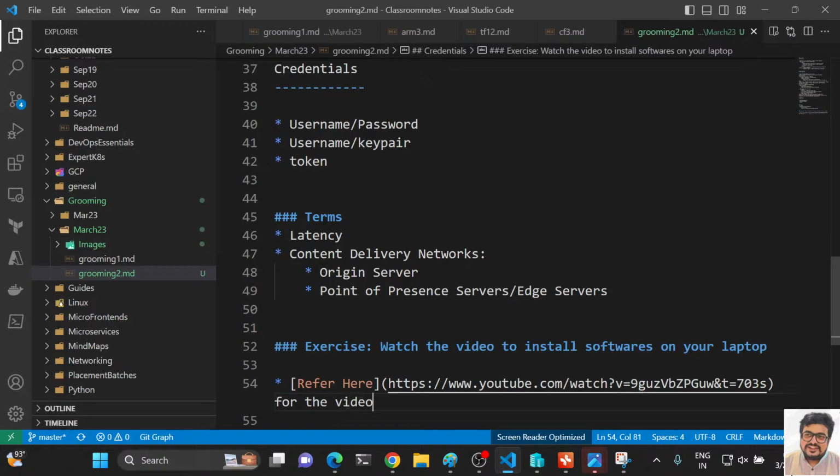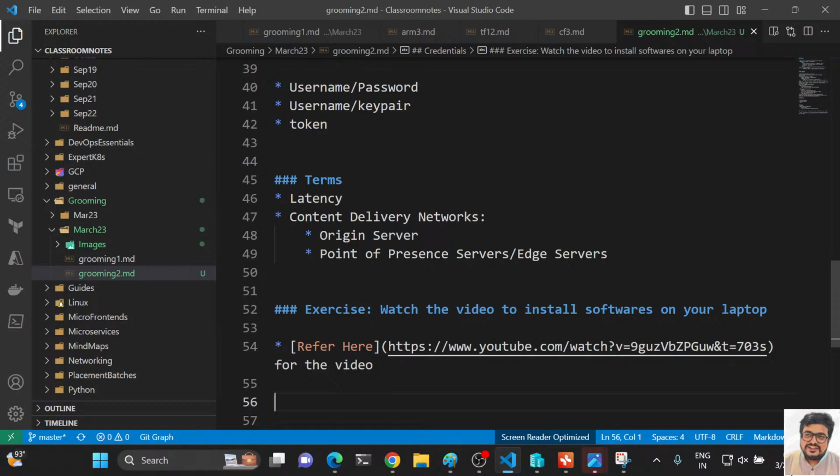One more request for tomorrow is to bring your system, so that we can log in to a Linux machine and do something. Let us see how our first steps into a Linux machine look. Once we understand this, we need to get into some of the terms with respect to compute.